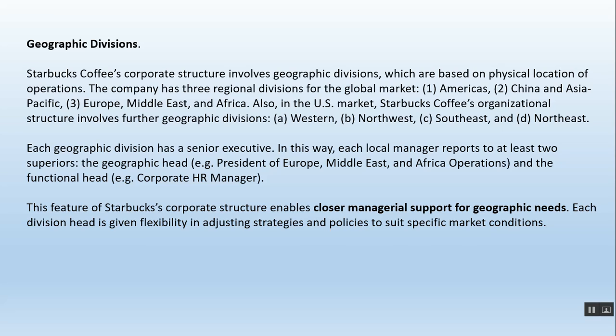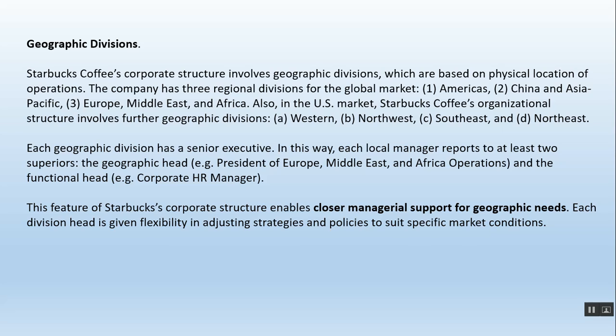Within the U.S., which is a very large market, and this is very common, they'll also have the U.S. broken into smaller geographic divisions, such as North and West and Central and South or Northwest or Southeast, and there's different ways that they break it out based on how their business spreads across the country.